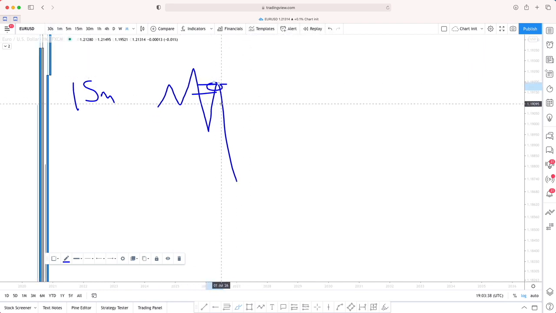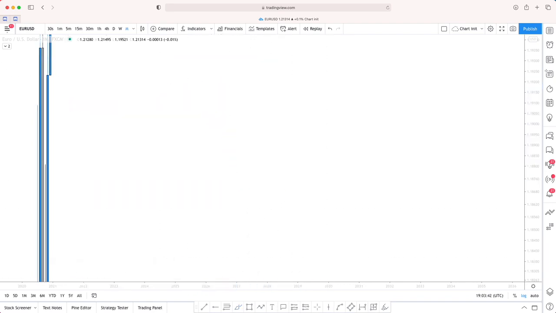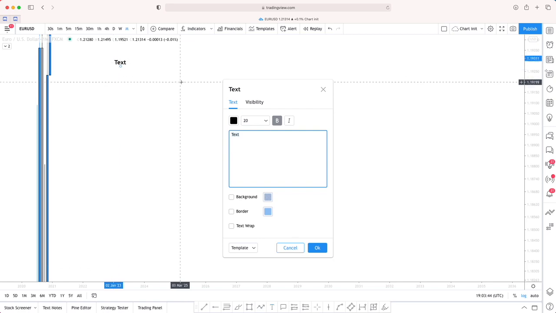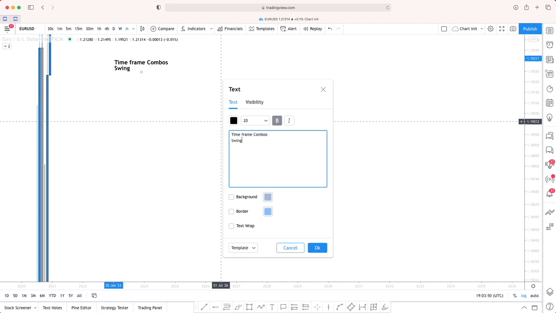Okay, so the main thing to take away, and I'll type this up for you guys. Time frame combos. So swing, I'm not going to write position, swing and position are the same thing. Rule of 3.